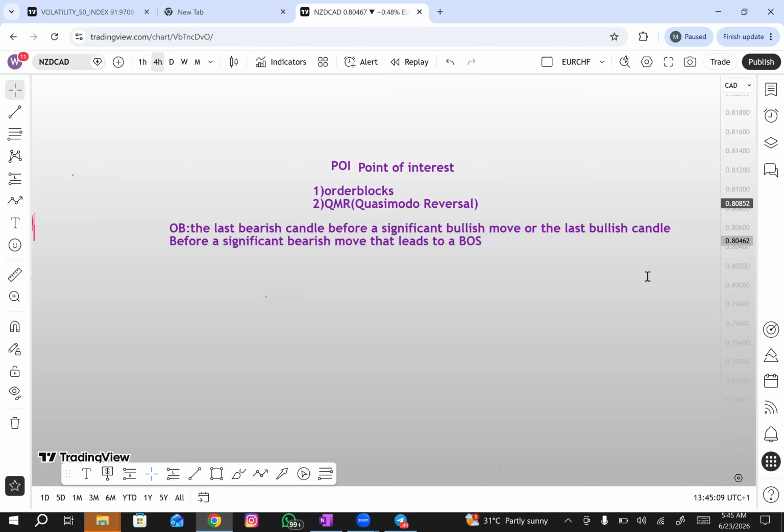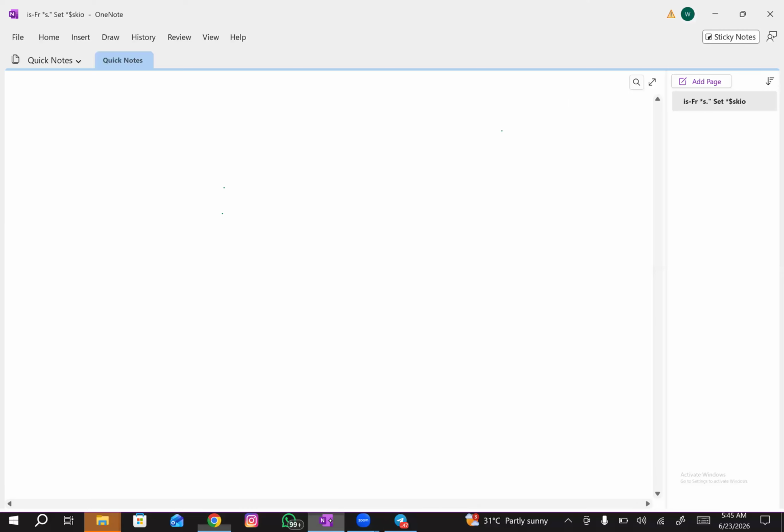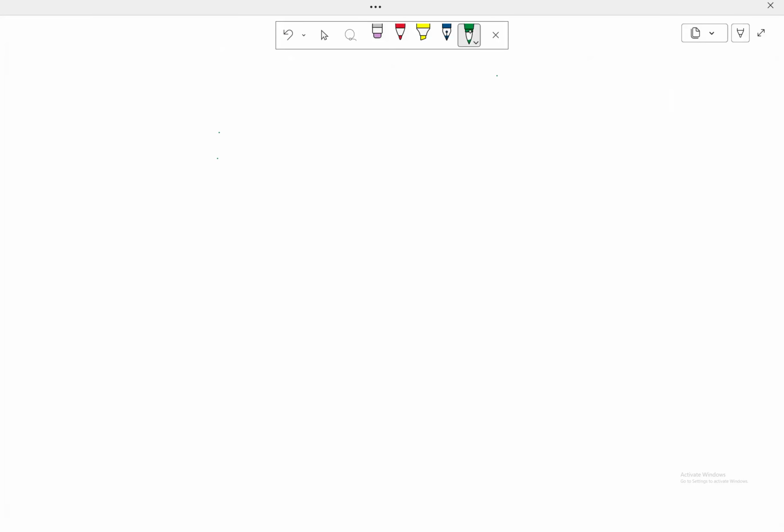I will demonstrate it to you right now. So we said a bullish order block is the last bearish candle. Let's assume this is a bearish candle.